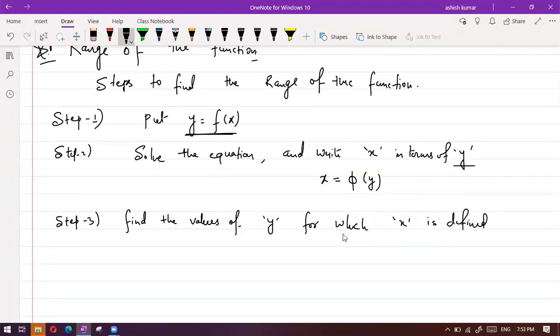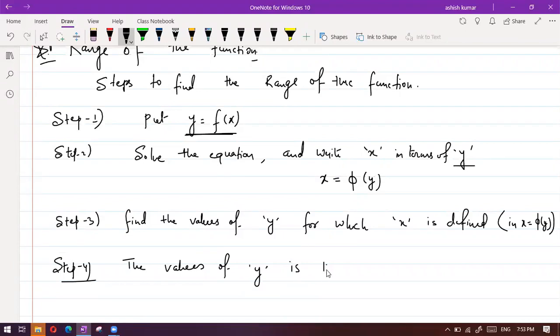Find out the values of y for which x is defined in the x is equal to phi of y expression. And step 4, those values will be the range of the function. The set of values of y will be the range. Values of y is the range of the function.